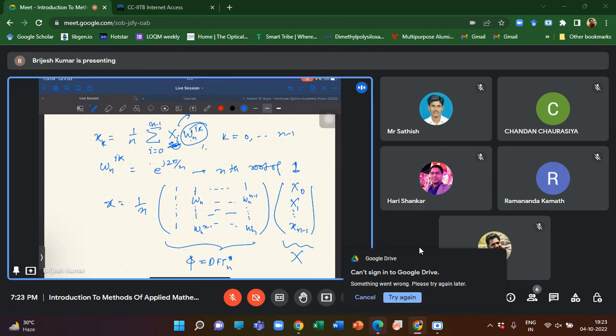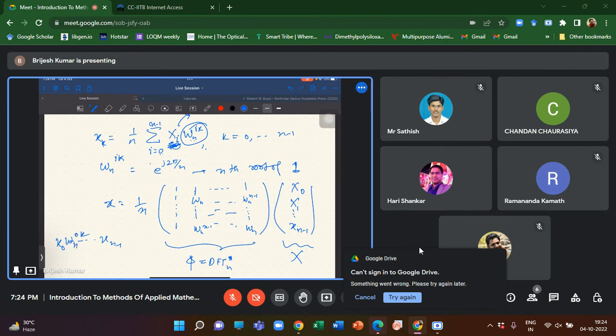If you expand this i equal to 0 to n minus 1, which terms will you get? x0 to xn minus 1, and in multiplication you will get wn 0, like you will get wn 0k.